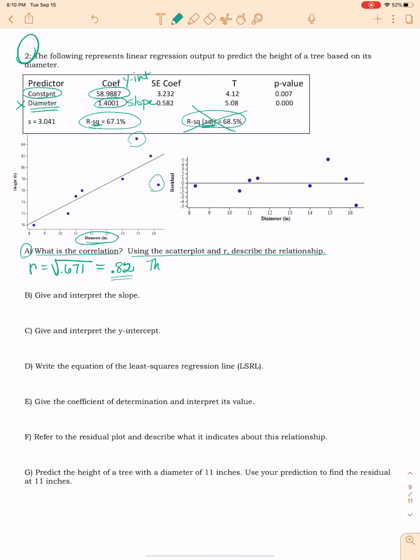I'm going to write, there is a strong, positive association. You can also use the word relationship, only make sure you remember all your words. This does have a linear look to it, so linear association or relationship.